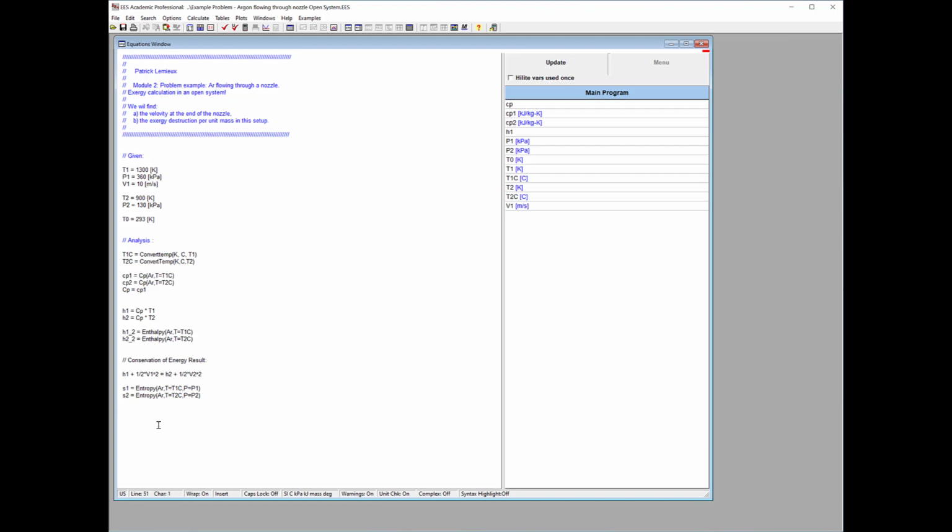Finally, question B was the exergy destruction rate per unit mass.